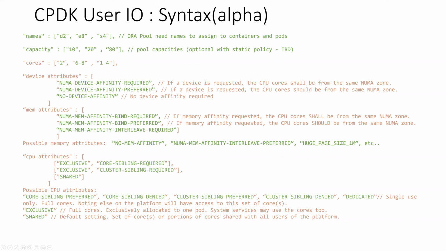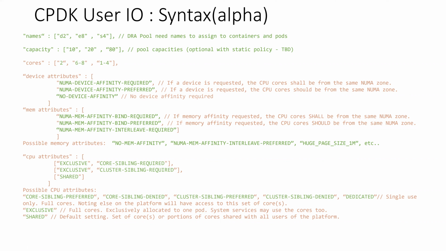And then interleaved, this is a little bit similar to NUMA spread. If you think about it, it's basically maximize memory controllers for the container, so take cores so that you can get more memory controllers. Here again, we could have required and preferred. Basically, required means if you cannot get all n memory controllers, you error out.